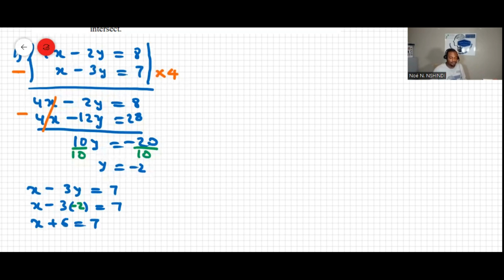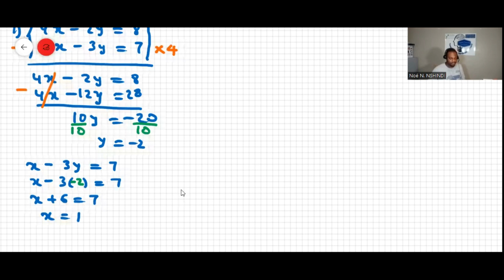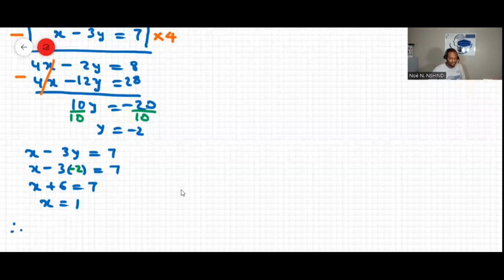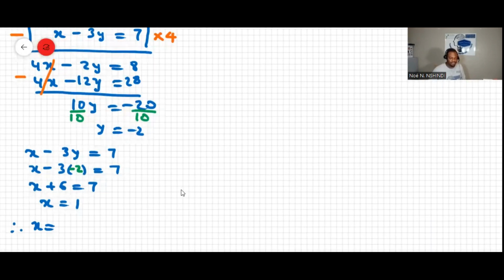So if I move the 6 over, it's going to be 7 minus 6, which is 1. So that's the value of x. Therefore, x is 1 and y is negative 2.